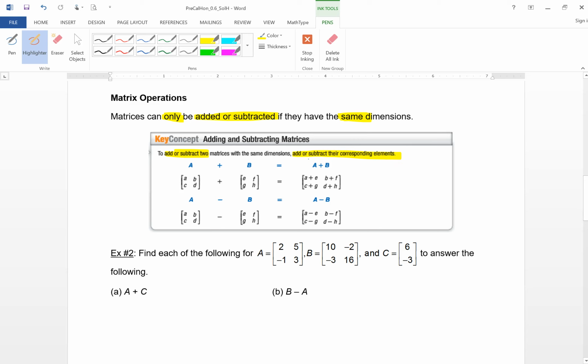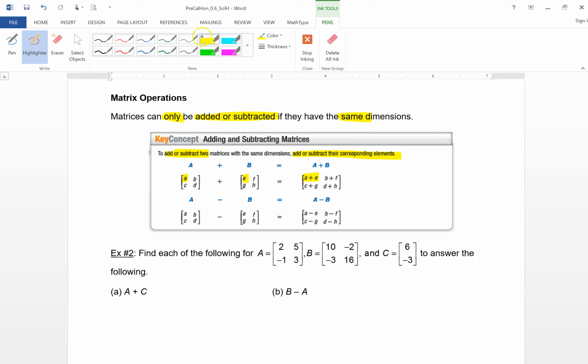So for example, look at this case. You have an A matrix and a B matrix. This is the element 1, 1, right? First row, first column. You add it to first row, first column of the other matrix, and the answer goes in first row, first column of the resulting matrix.